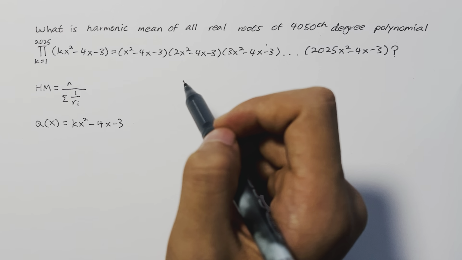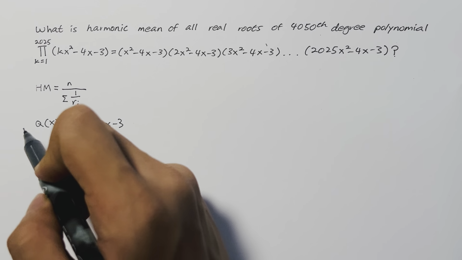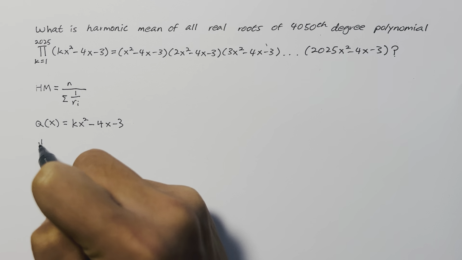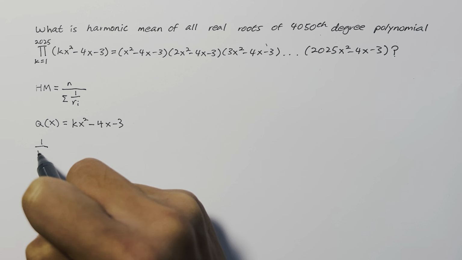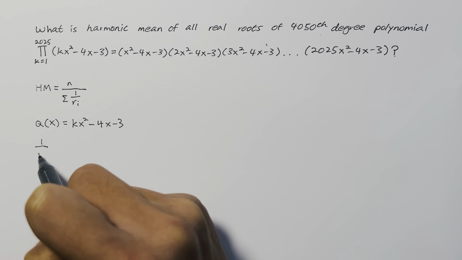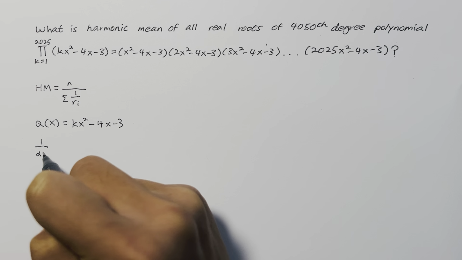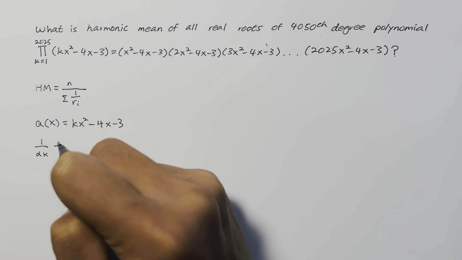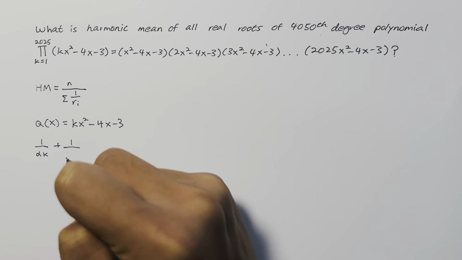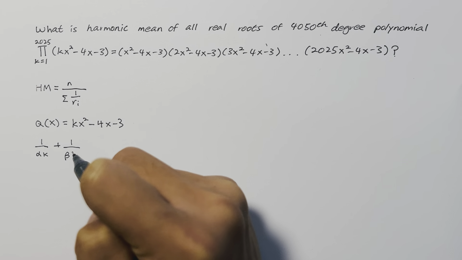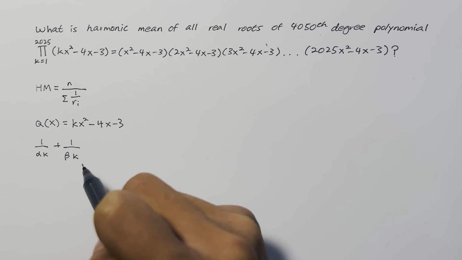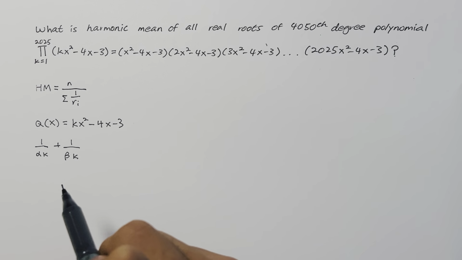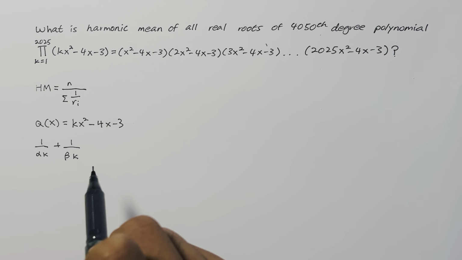This means that we want to calculate the sum of 1 divided by alpha k plus 1 divided by beta k, for every k from 1 to 2025.